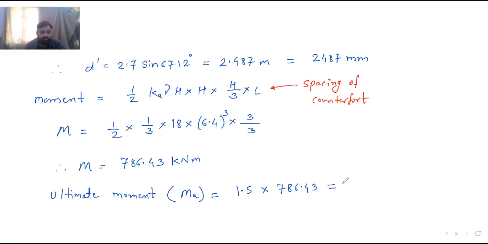So the answer is 1179.64 kilonewton meter. So this is the moment which we have got right now.